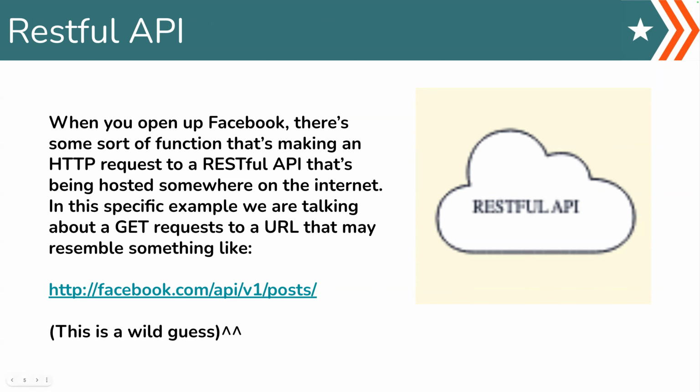And in this example, what we see here is a couple different things. We see the host name right here. We see this sort of hard-coded thing right here that you always want to put at the beginning, because if I'm Facebook and I decide one day I need to change a lot of my URLs, there might be thousands of websites that use the old URLs. So what I do is I just change this V1 to V2.